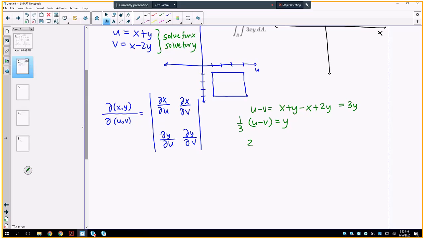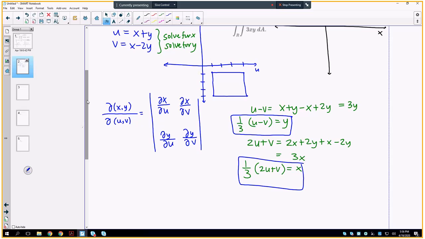So 2u, and I add v, then I would have 2x plus 2y plus x minus 2y. Minus 2y and plus 2y cancel, so that's equal to 3x. So 1/3 of 2u plus v is x. So I have my expressions for x and y.